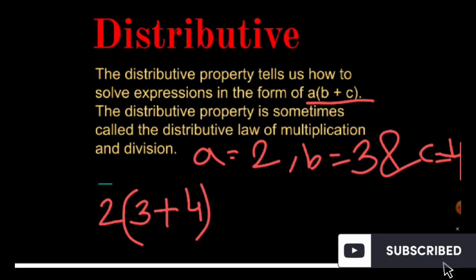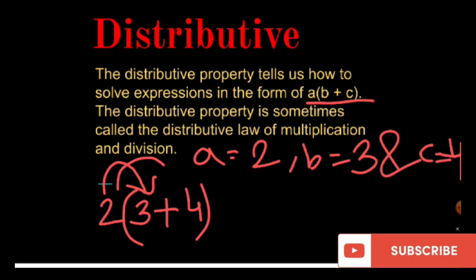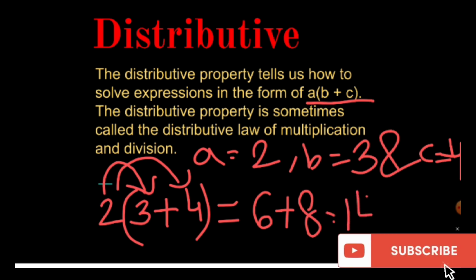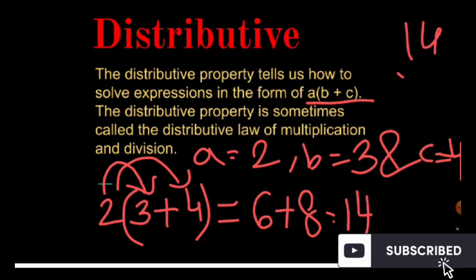If we multiply 2 and 3 and 2 and 4 and then add them, what will we get? Let's see. 2 into 3 is 6 and 4 into 2 is 8. It gives us 14. Our answer here is 14.